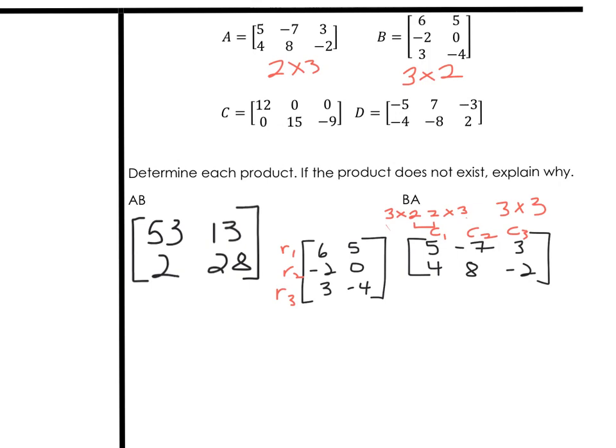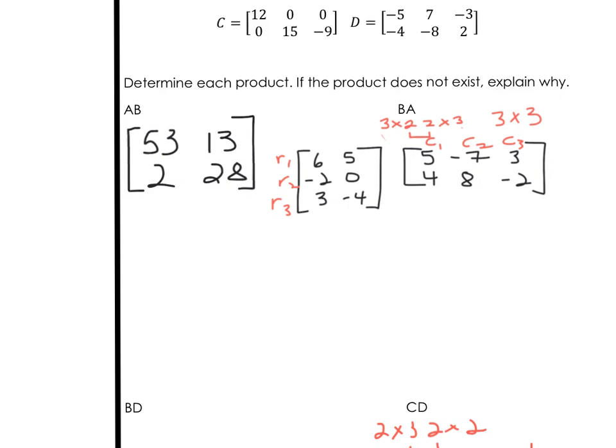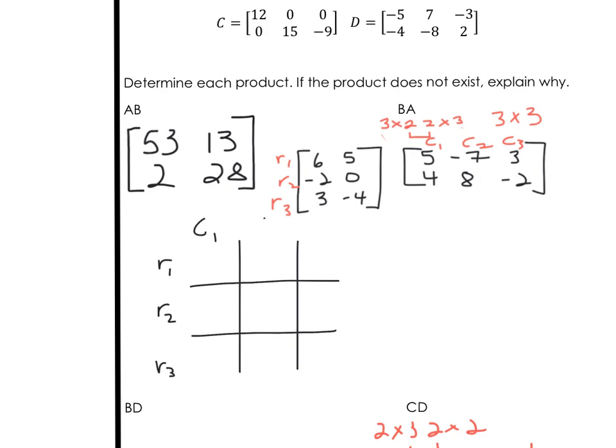Now our work is going to look something like this. I'm just going to zoom up a little bit because I'm going to need pretty much all this space right here. Since I need 3 rows and 3 columns, I'm going to make kind of like a tic-tac-toe board. So I've got row 1, row 2, and row 3, and then column 1, column 2, and column 3.